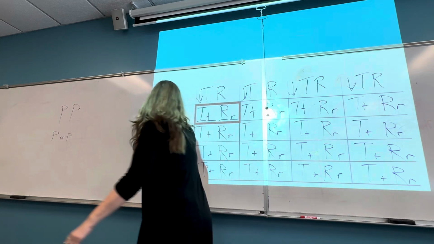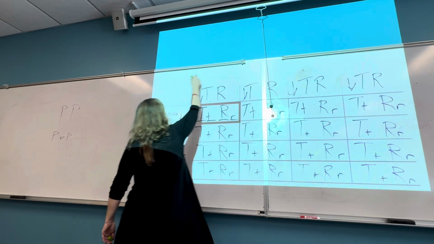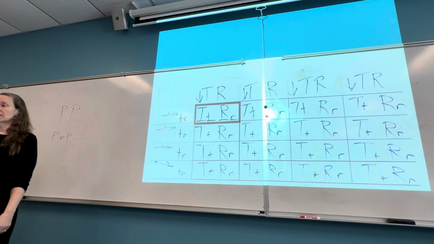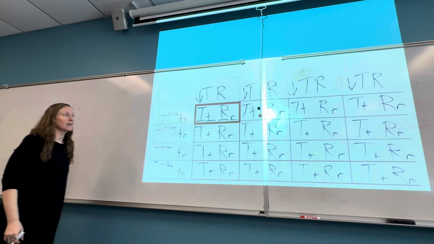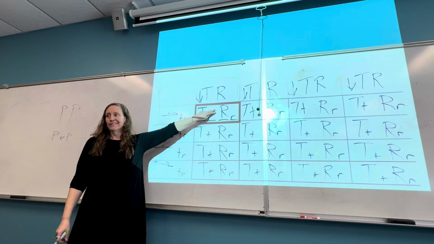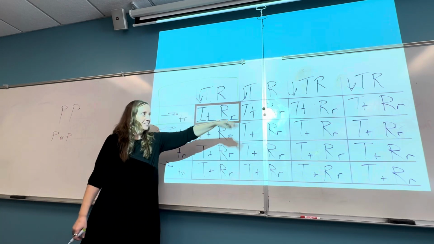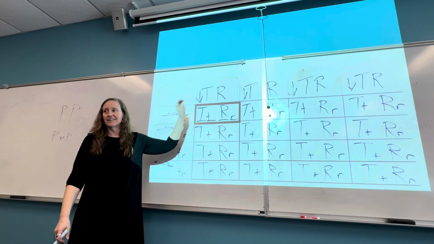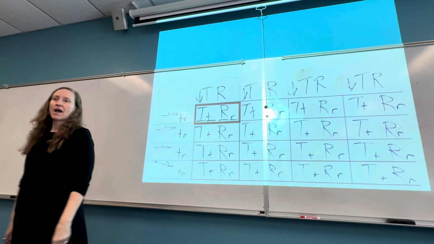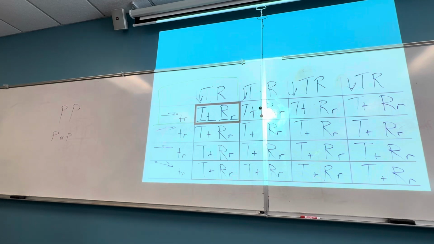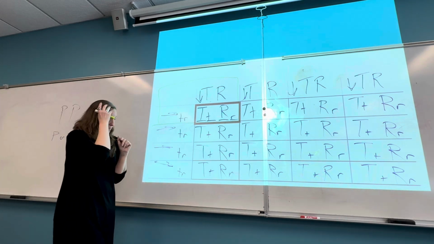And your Punnett square, if you want to do the shortcut, is that. Because we're going to take 1 out of 1, 100%, or 16 out of 16, 100%. They're all the same. All the offspring are 100% the same. So if you like the shortcut, do it. If you don't, you're like, no, no, no, no.